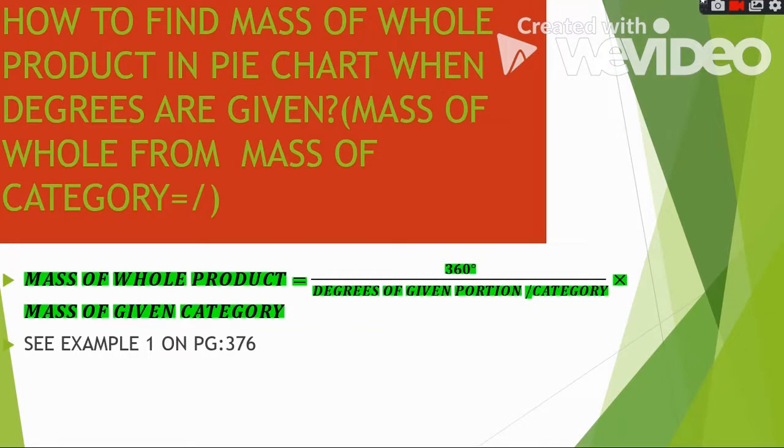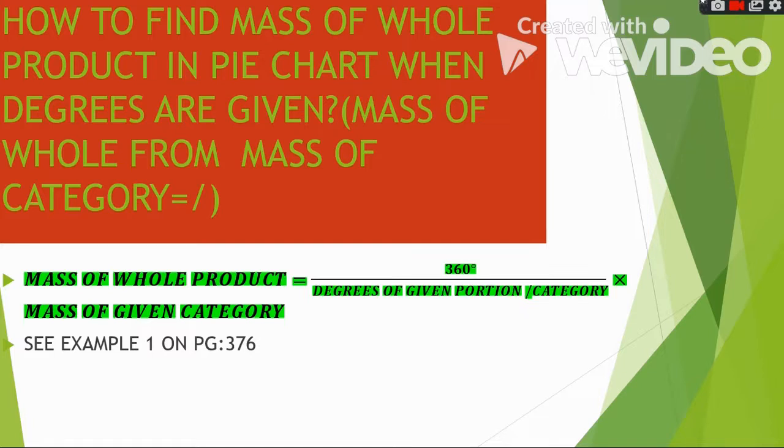Next thing, we are going to learn how to find mass of whole product in a pie chart when degrees are given. So we are going to convert mass of the whole from the mass of the category. Now you will see that mass of the category will be given to you, and mass of the whole product you are going to find. Just like in the example, if we don't know how many people have voted for the fruits favor, what we are going to do, we will write mass of the whole product is equal to 360 degrees, but he will give you the degrees of the category.